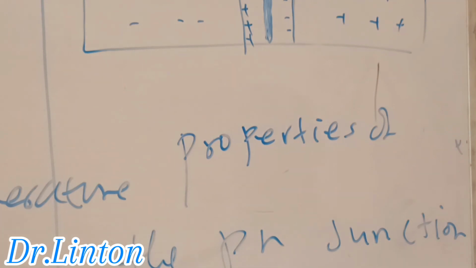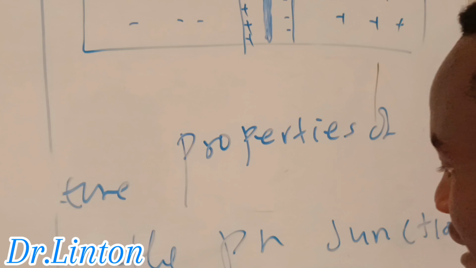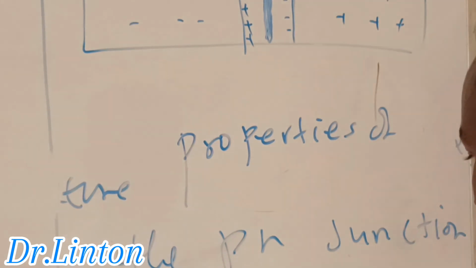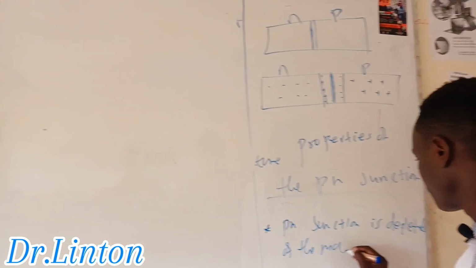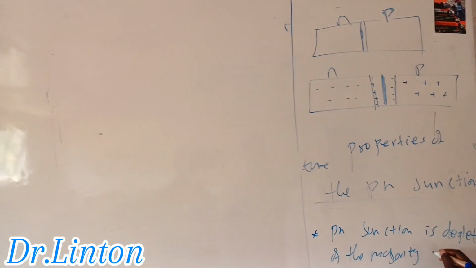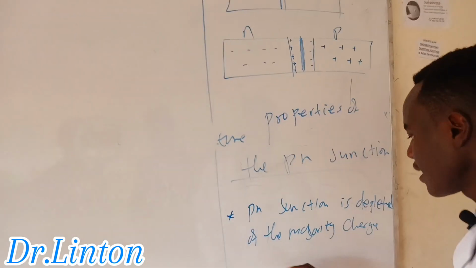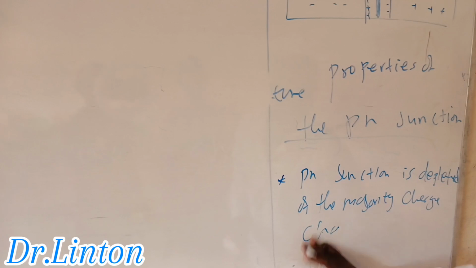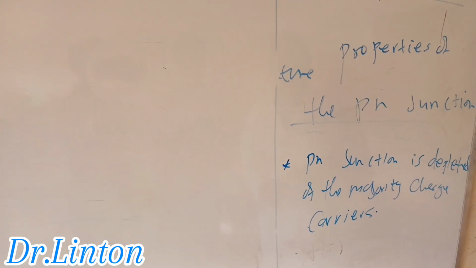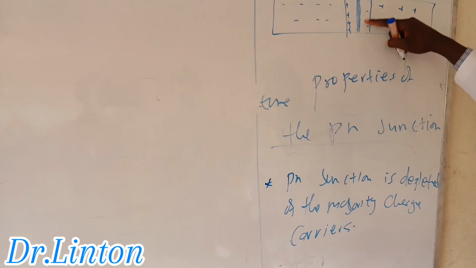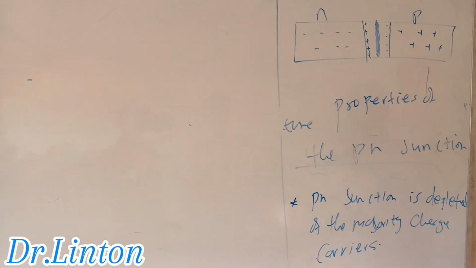Property number one: the PN junction is depleted of the majority charge carriers, because this region has no charges.